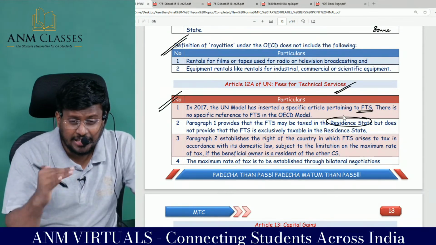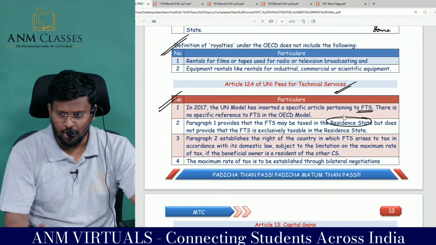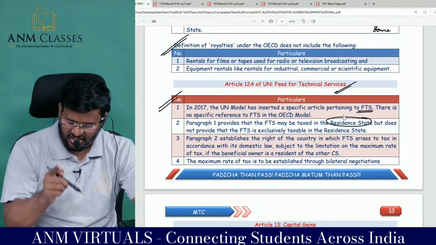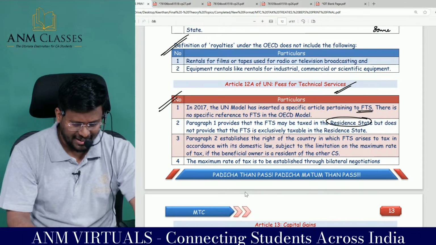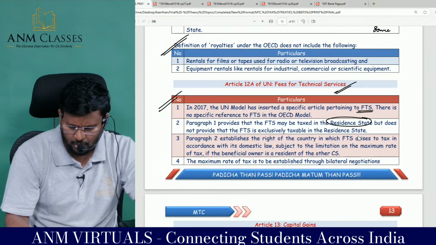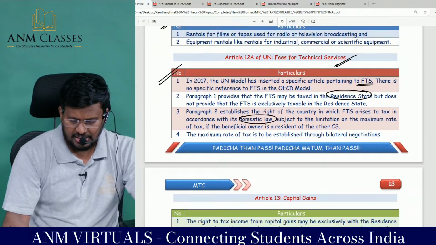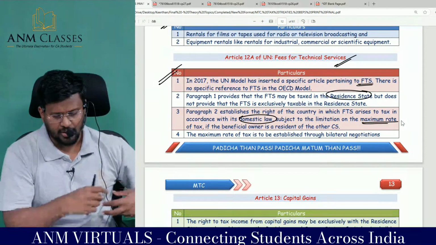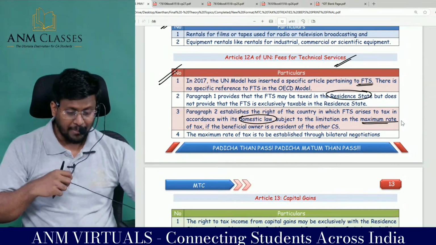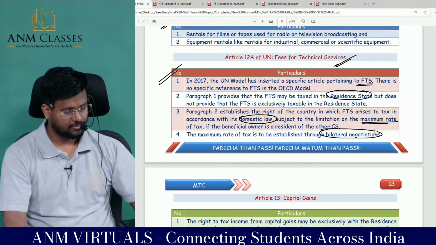It's not like the ROI of the OECD model, where ROI is taxable only in the resident state. Paragraph 2 establishes the right of the country in which FTS arises to tax in accordance with its domestic law, subject to a limitation of the maximum rate of tax if the beneficial owner is a resident of the other state. The maximum rate of tax is to be established through bilateral negotiation.